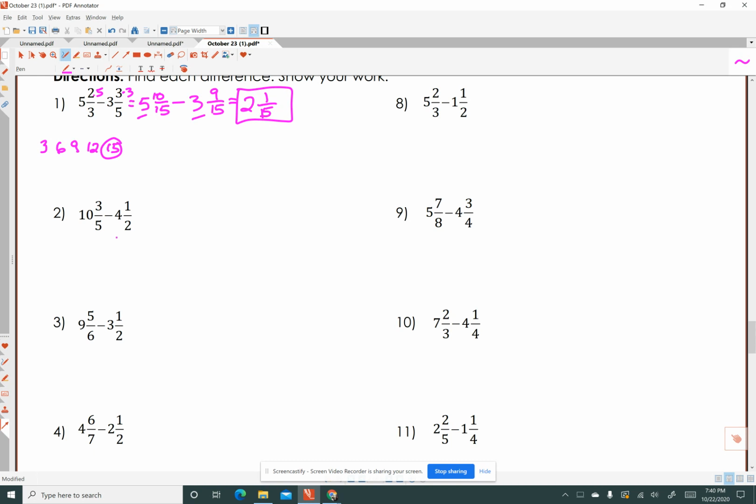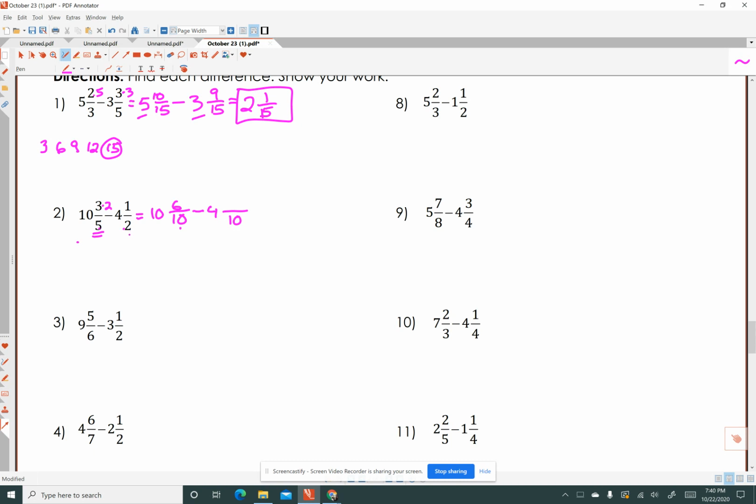Number 2. Let's see. 5, 10. Our new denominator will be 10. So we'll have 10, and how many tenths? Well, 5 times 2 is 10. 3 times 2 is 6. Minus 4, and how many tenths?